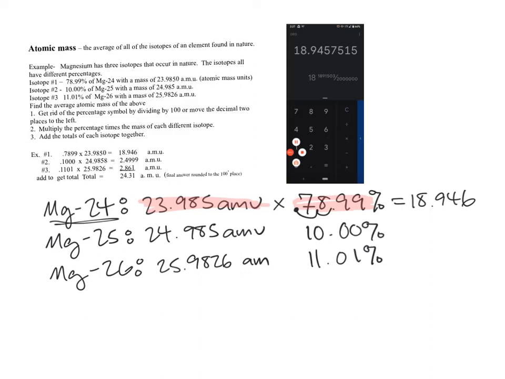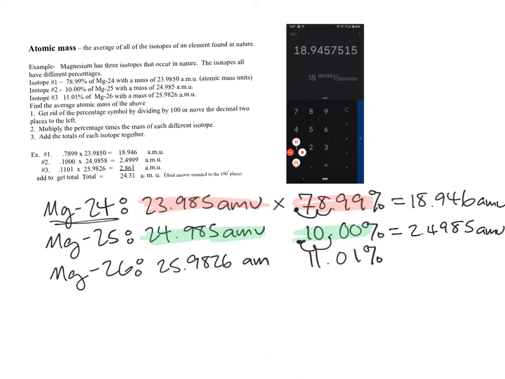So you follow the same process for the other two isotopes. We'll multiply 24.985 by 10%, but first we change 10% to a decimal, so that's 0.1. If you multiply 24.985 times 0.1, you get 2.4985 AMU. Sorry, I forgot to put AMU on the previous one.